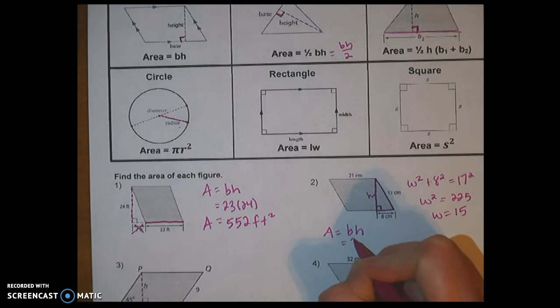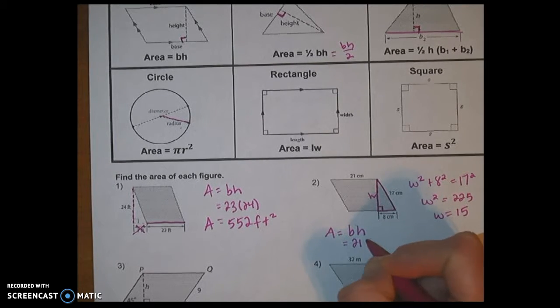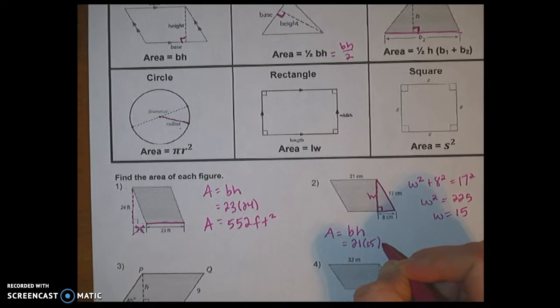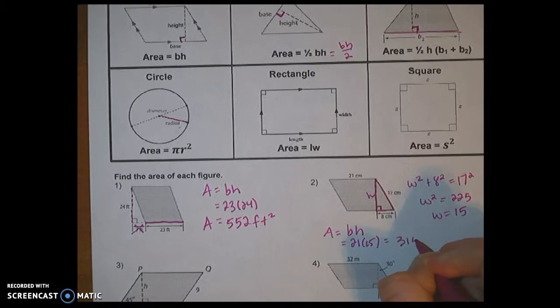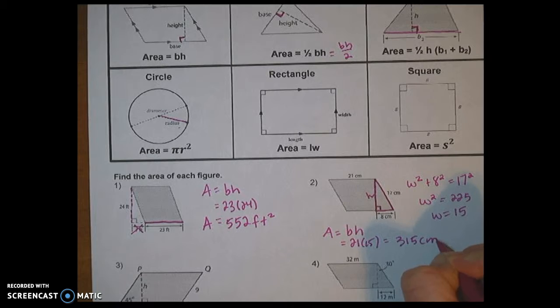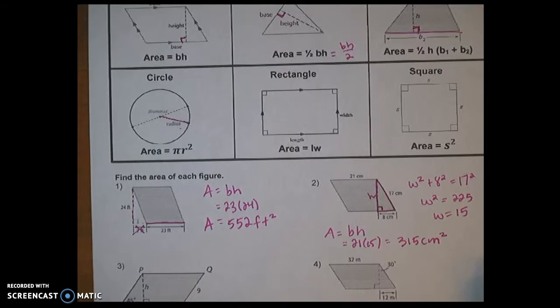So the base here is 21. My height is 15. So when I multiply 21 times 15, we end up with an area of 315 centimeters squared. So in that case, I used the Pythagorean theorem to help me solve.